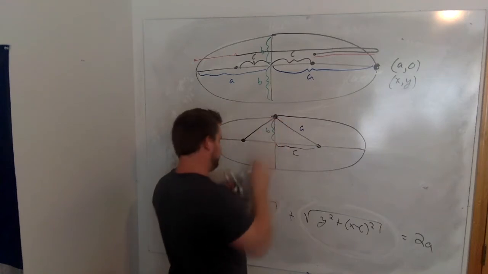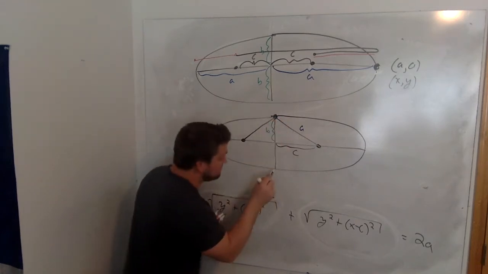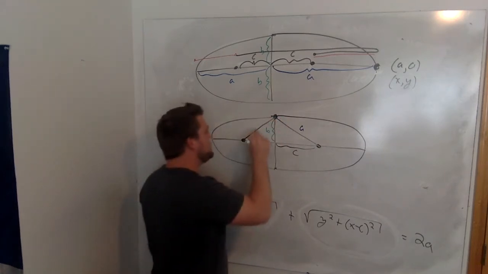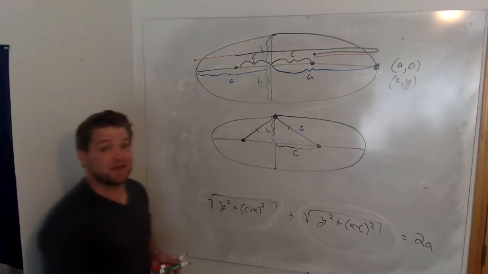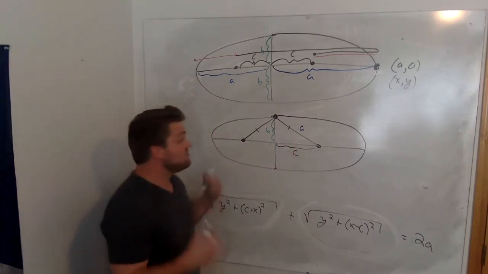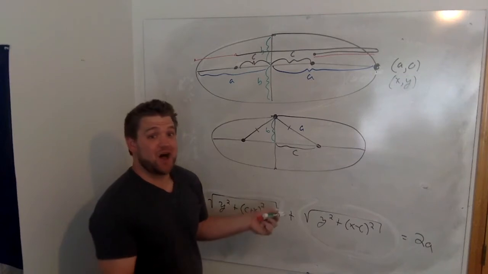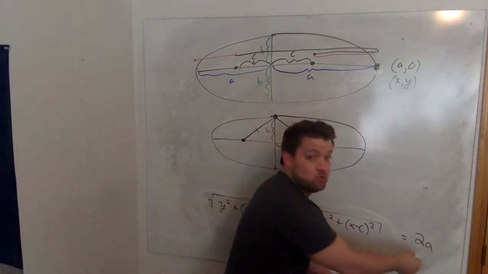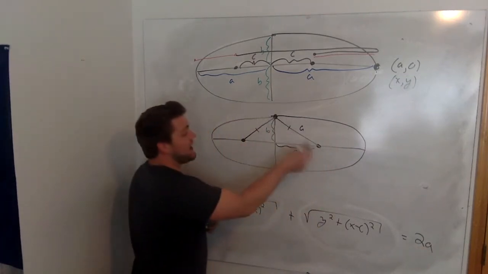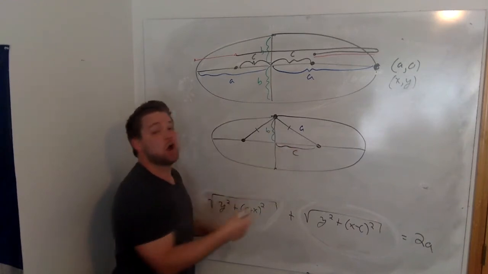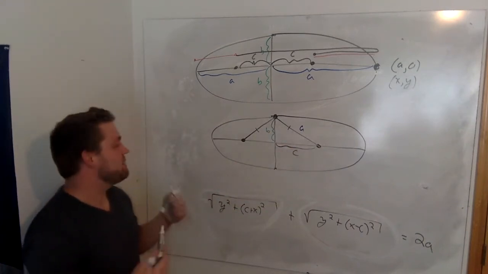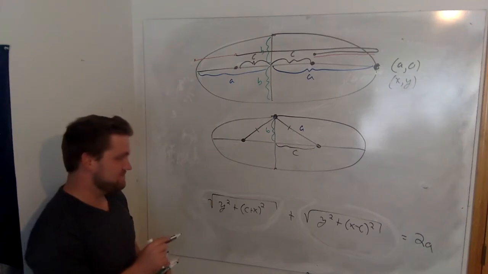And we just discovered that the length of the string was 2A. So this is half the string, so this length here must be A. I hope that made sense.